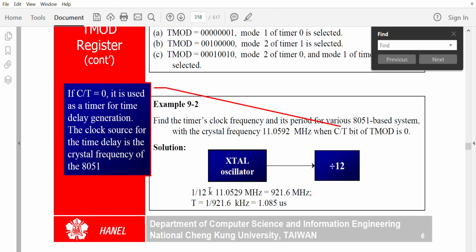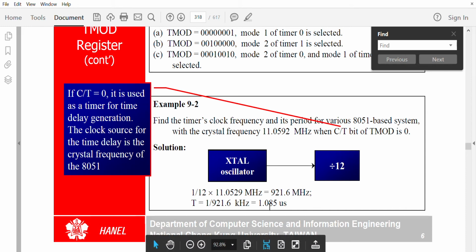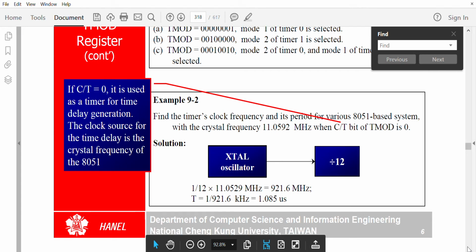So you get the clock frequency from the crystal oscillator, and 1 by 12th of that gives you the timer clock. That is 921.6 kilohertz, and the time will be 1 by this, that is 1.085 microsecond. Just understand that it is always 1 by 12th of the clock frequency for the timer.